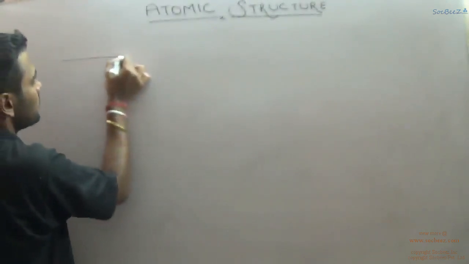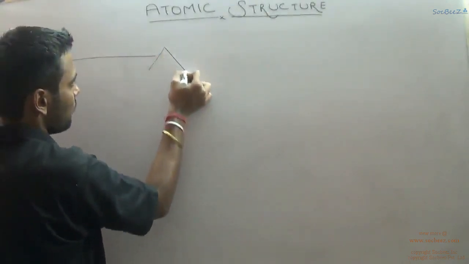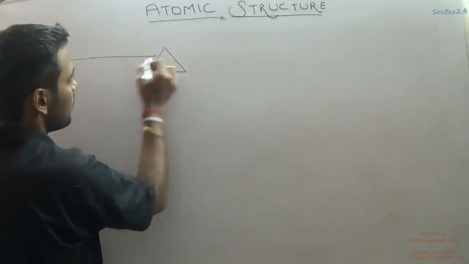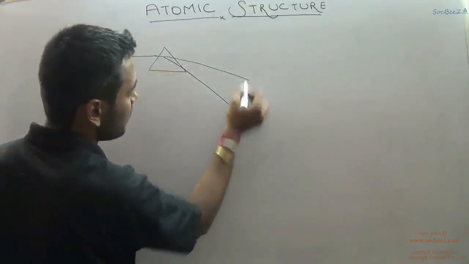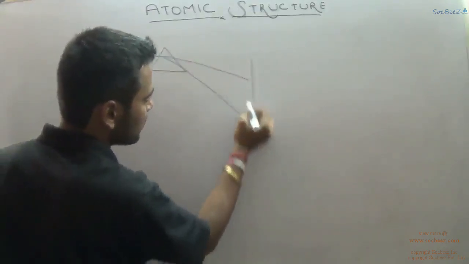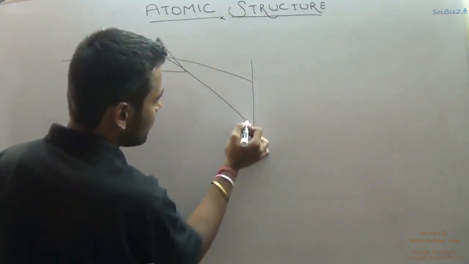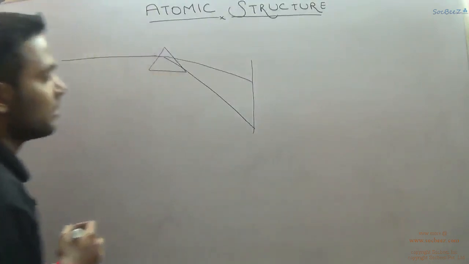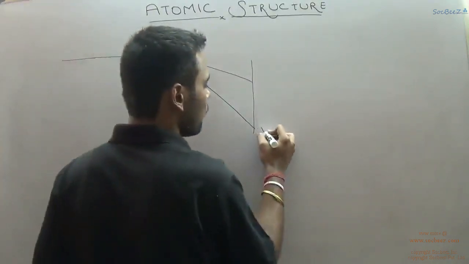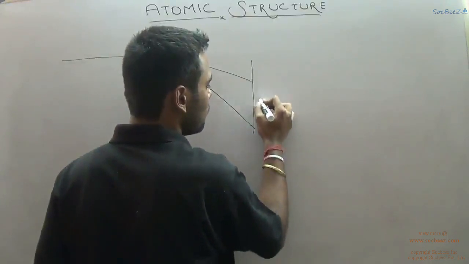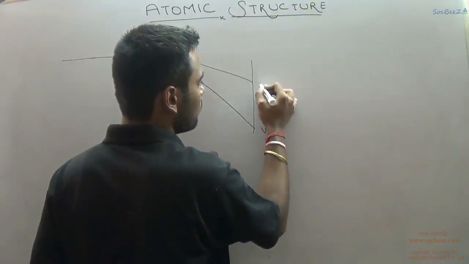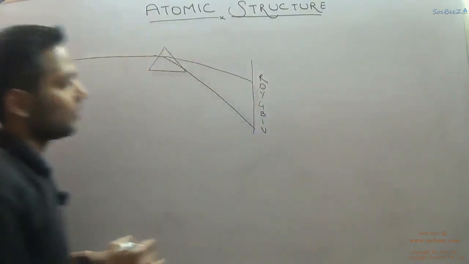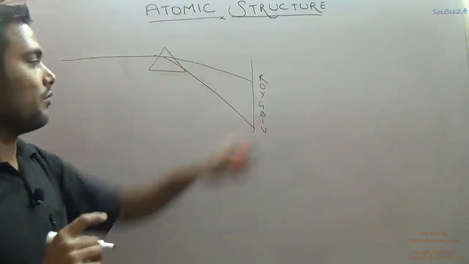The colors are violet, indigo, blue, green, yellow, orange and red. We also call it VIBGYOR.